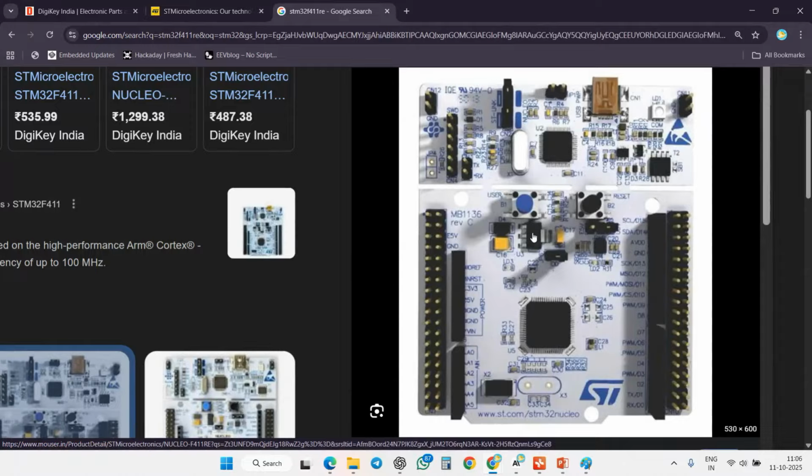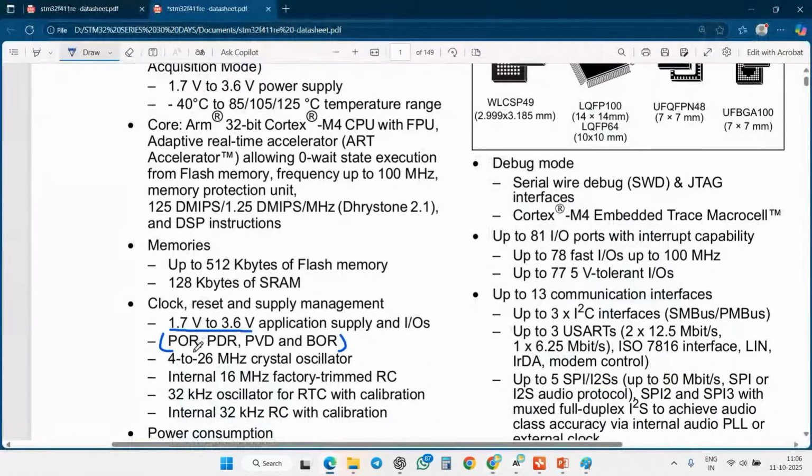When you power this on, everything gets reset. When the microcontroller is powered on, everything coming to the reset condition is called power on reset. POR means when you give power to your microcontroller, it gets reset.